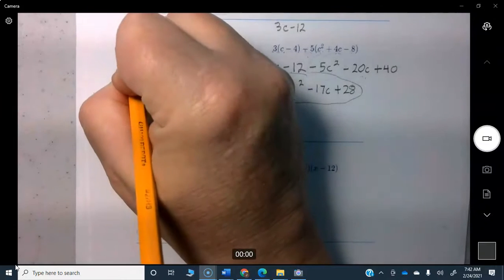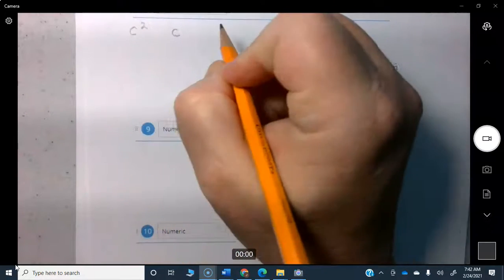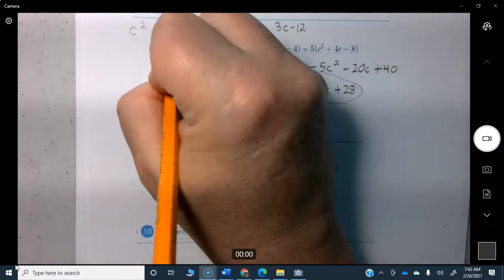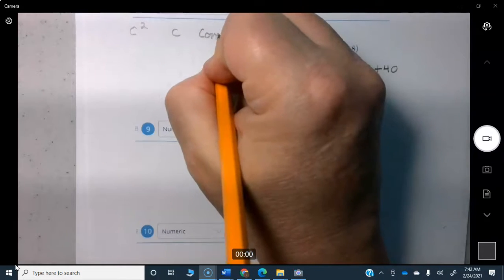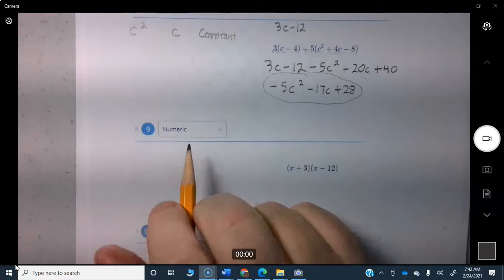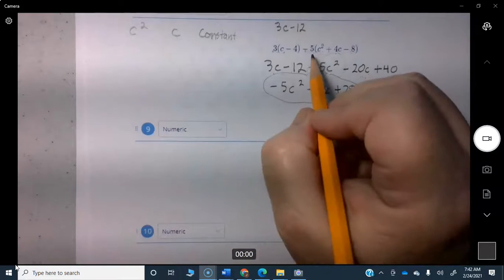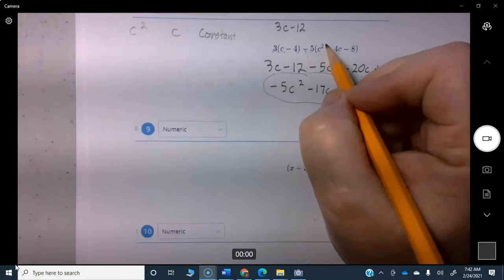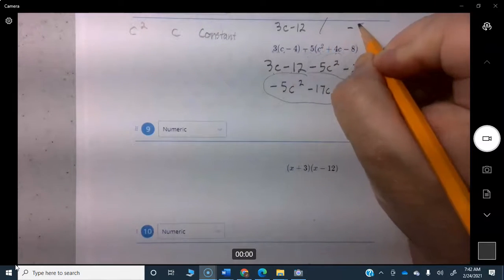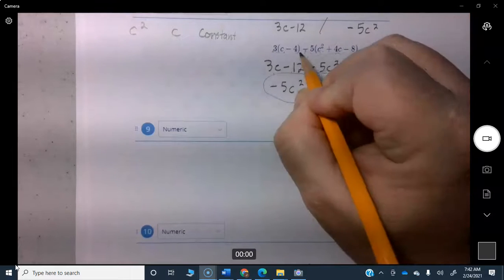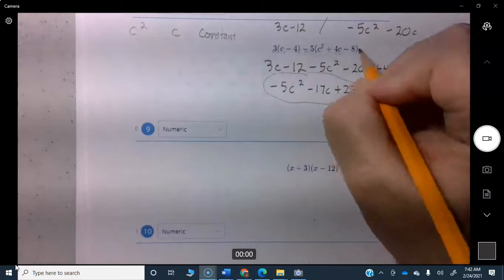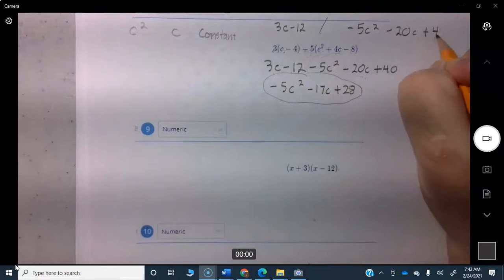So I'm going to write c squared, c, and then const, so you know the difference between c and constant. So for this one, I'm going to multiply negative 5 times c squared. So I'm going to separate these. Negative 5c squared, and then you have negative 20c, and then you have positive 40.